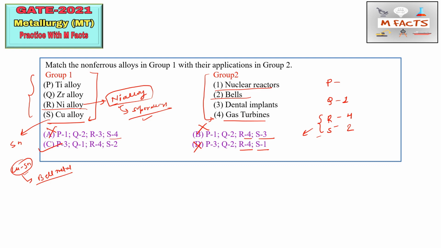So titanium alloys are basically utilized for dental implants. That is, whenever they talk about body parts, you can match titanium alloys because the properties almost match with human bodies. Okay, so all titanium alloys may be utilized for these purposes. Okay, so P we can match by 3. So we have code 3142, and we also cross verified that C is the correct answer.